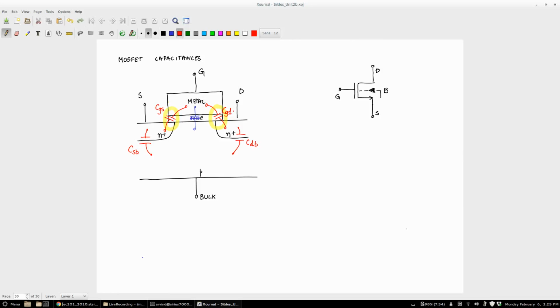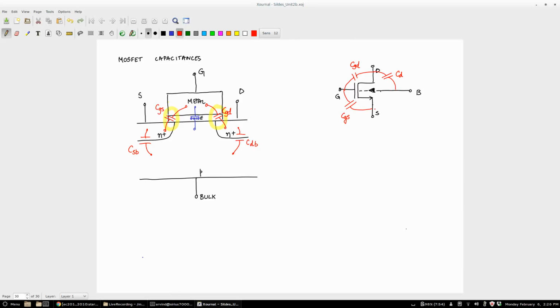Instead, what they do is write it as components. One component goes like that here, and they call that capacitance CGS, and similarly another component goes CGD. So if you have to draw those capacitors, how will they look? Capacitance going from here to here is CGD.